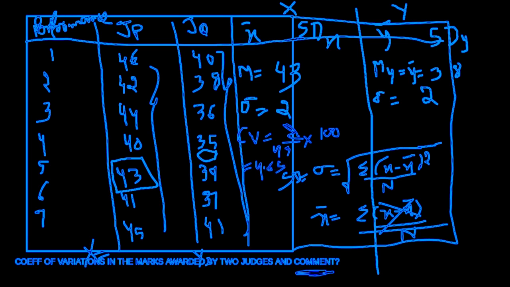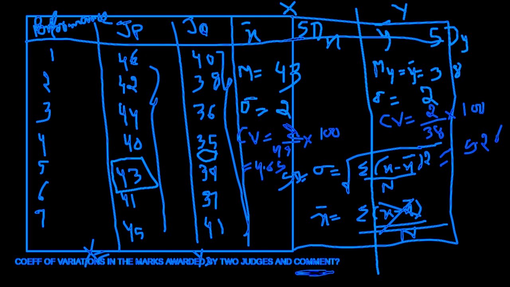Similarly, when you are evaluating coefficient of variation for Y data, your standard deviation is 2 and your mean is 38, into 100. Your value is coming out to be 5.26.